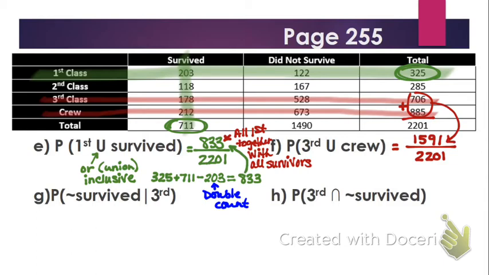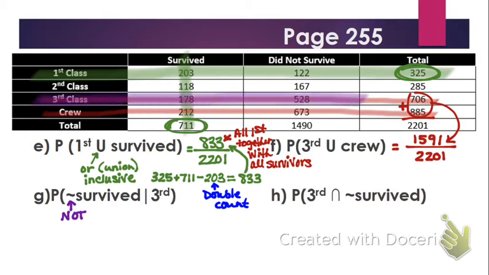Does anybody remember what this squiggle means? Not. What am I saying I already know happened here? They are third class. So I'm only looking at that third class row.